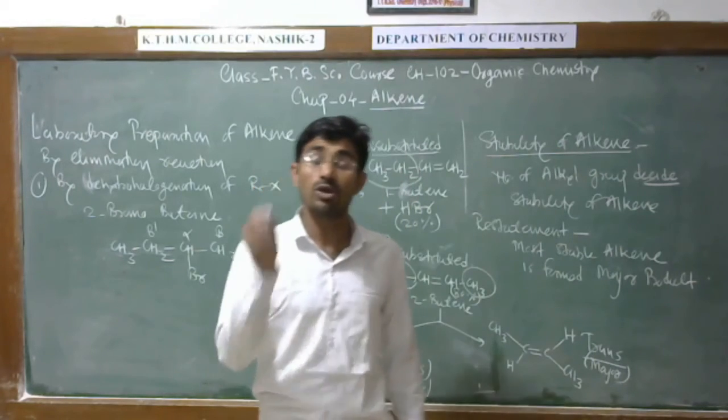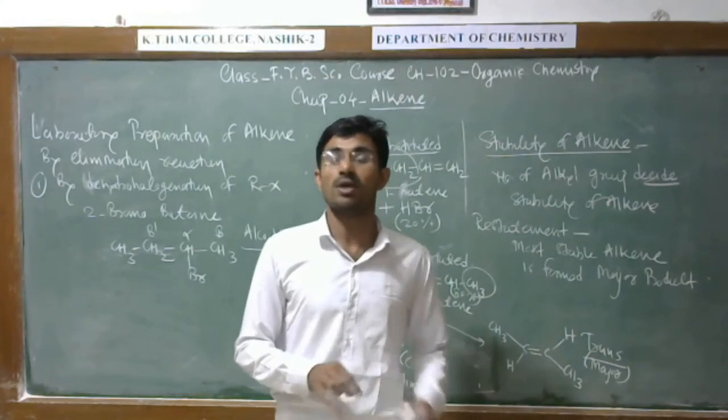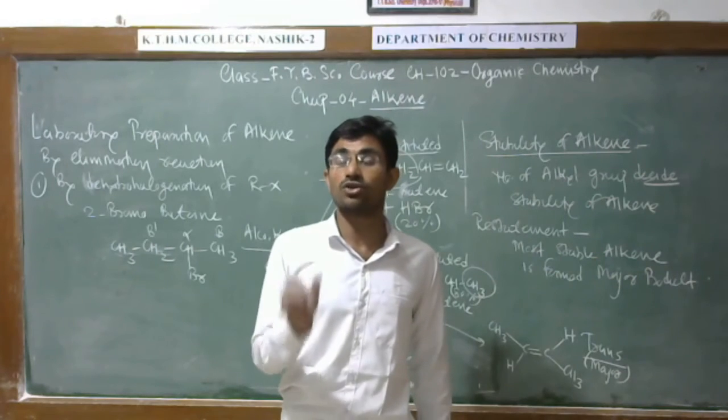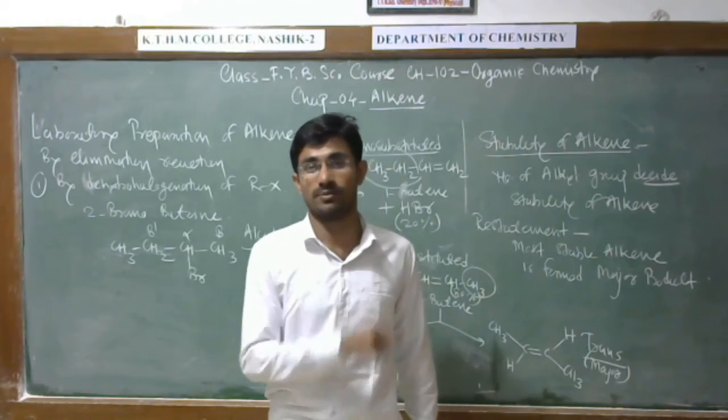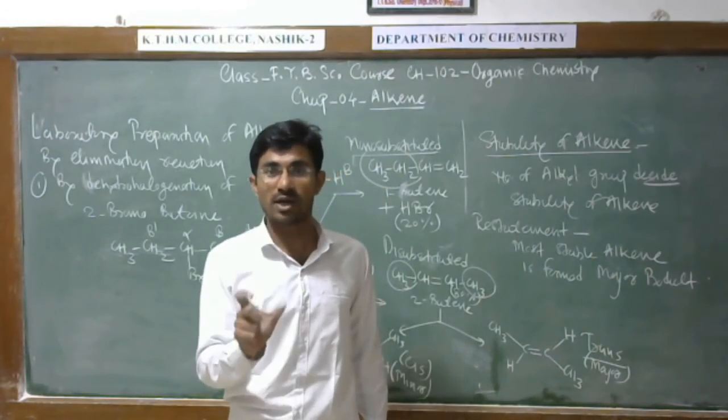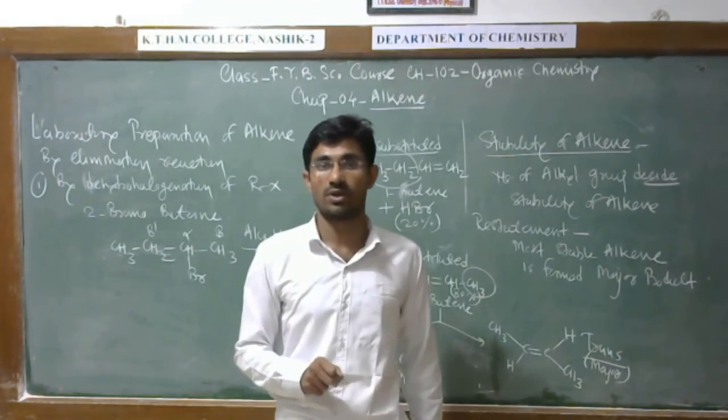According to this statement, the alkene which is attached to more alkyl groups is more stable. So a disubstituted alkene is more stable than a monosubstituted alkene.